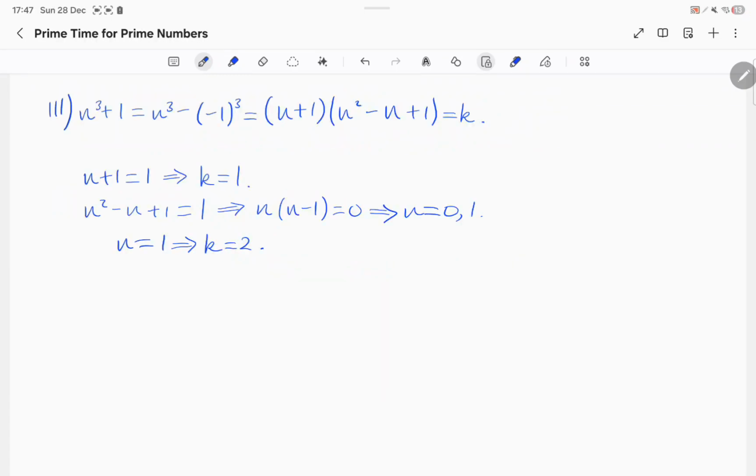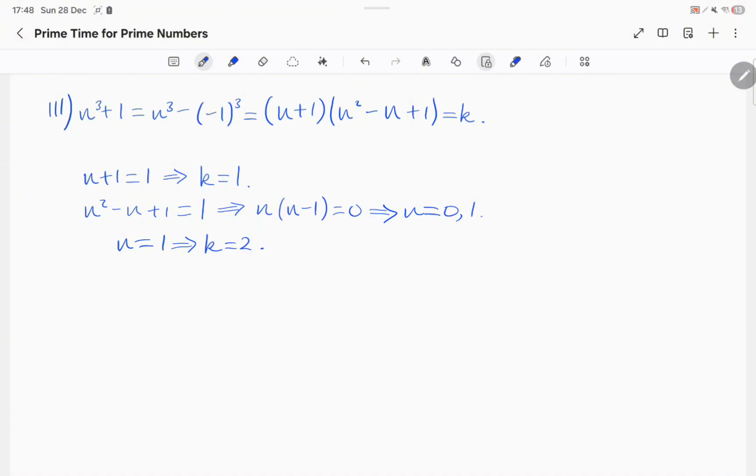Now we're going to move on to part 3. Firstly, we're going to rewrite n^3 + 1 as n^3 take away the cube of negative 1. Then we can factorize it as above into (n + 1)(n^2 − n + 1), and we're going to call this k. If we set n + 1 equal to 1, then we have k is equal to 1, however that is not a prime number.